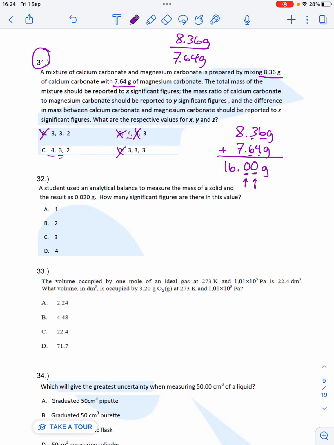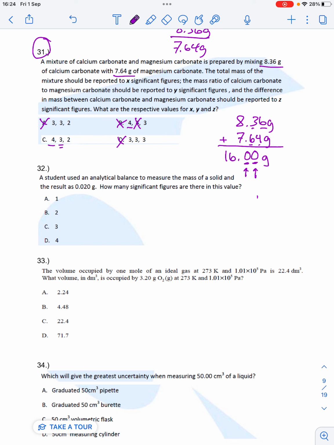The difference in mass between the two should be reported to X significant figures. Another trick here, because when we subtract, we make sure that our answer has 2 decimal places. 8.36 minus 7.64, and the answer is 0.72 grams.